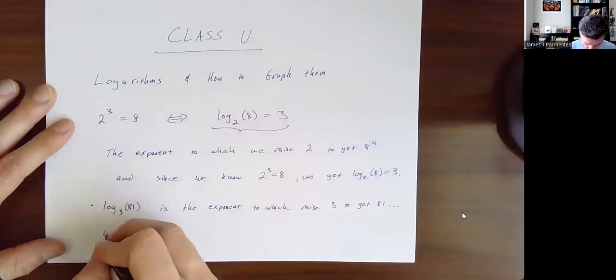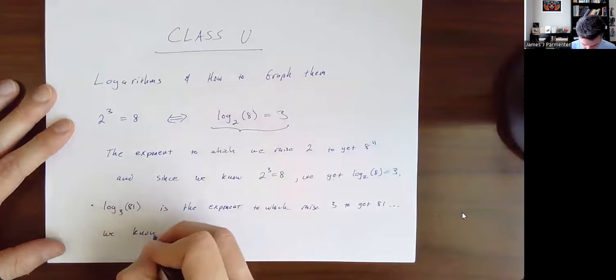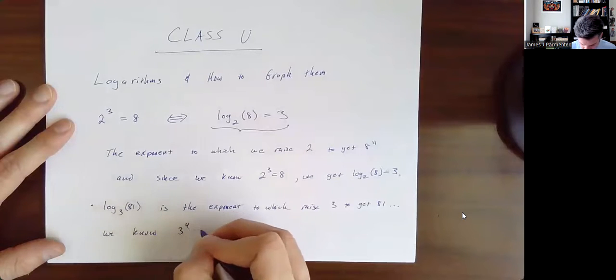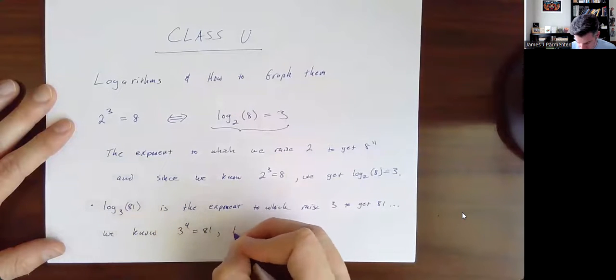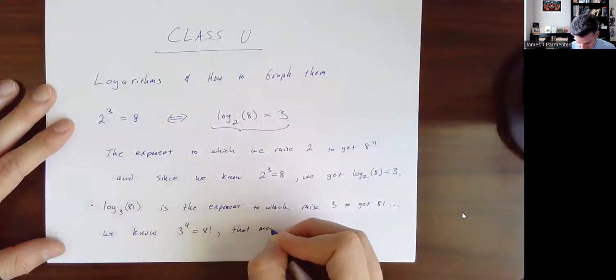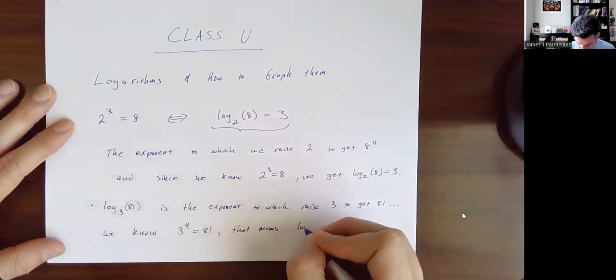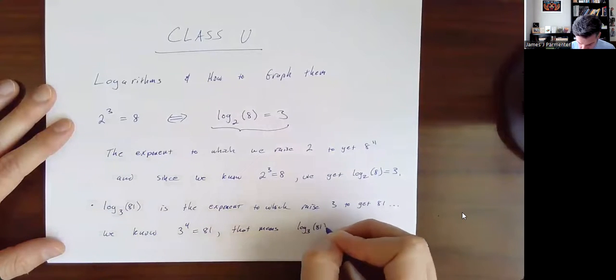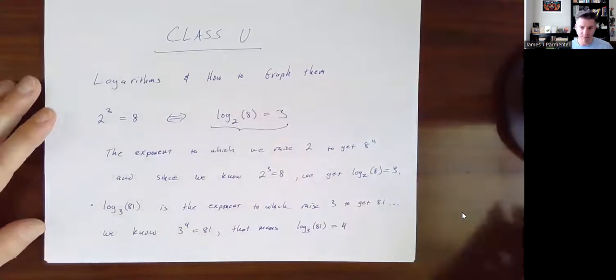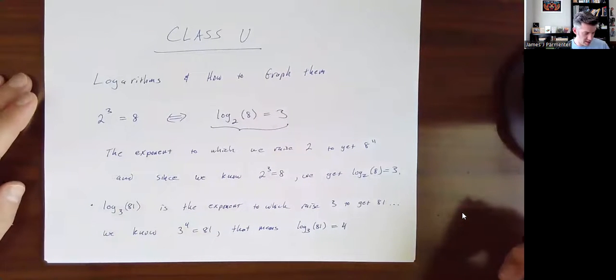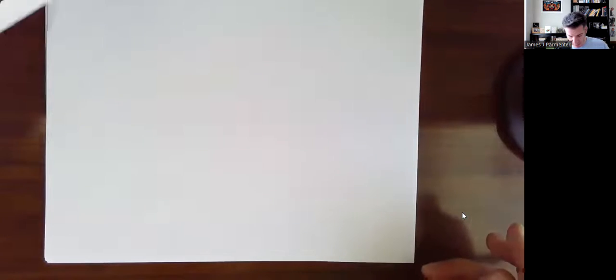So we know, or we've seen at least, that 3 raised to the 4th power equals 81. That means that log base 3 of 81 must equal 4. So that's kind of the whole deal. Let's do a few more things with this, though.